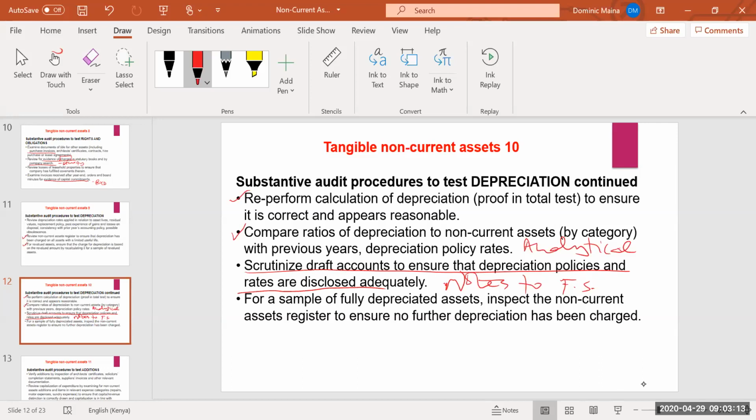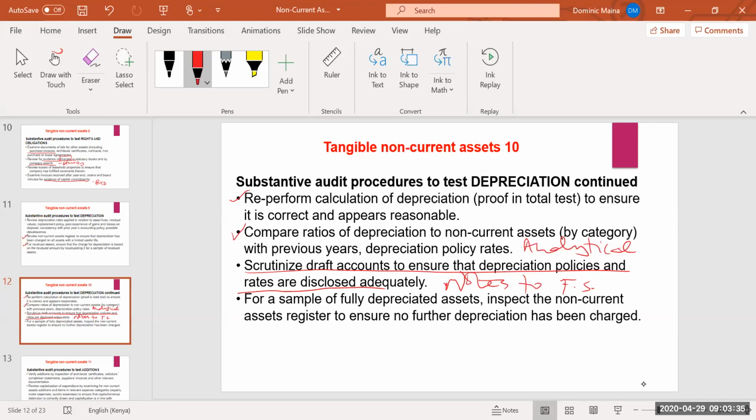In that case, we ought not to have any charge for depreciation. However, that asset needs to be acknowledged and needs to appear. It has a zero value, but it ought to appear on the company's non-current asset register. However, no further depreciation ought to be charged on that particular asset. So take note of that.